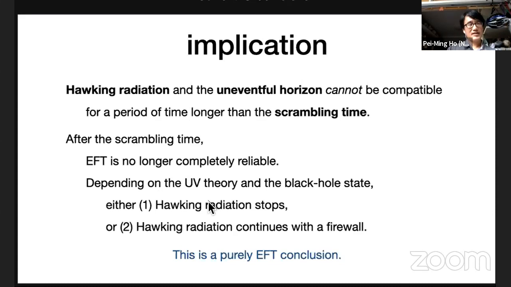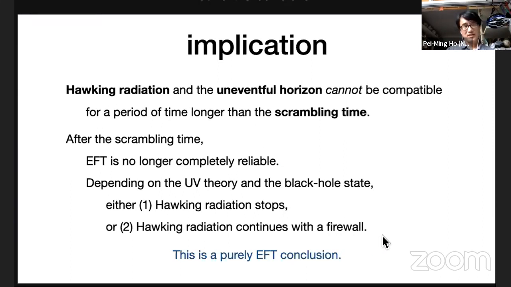So the implication is that Hawking radiation and an uneventful horizon cannot be compatible for a period of time longer than the scrambling time. After the scrambling time, effective field theory is no longer reliable. Depending on the UV theory, the two possible situations are either Hawking radiation stops, or Hawking radiation continues, but with a firewall.